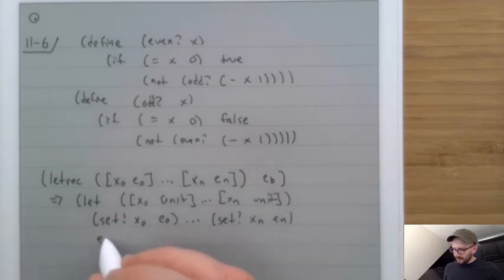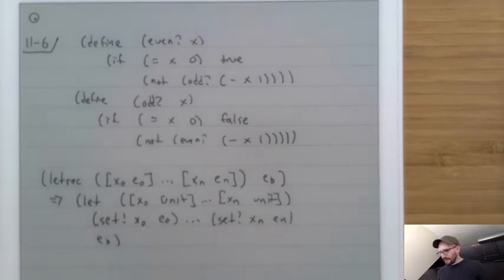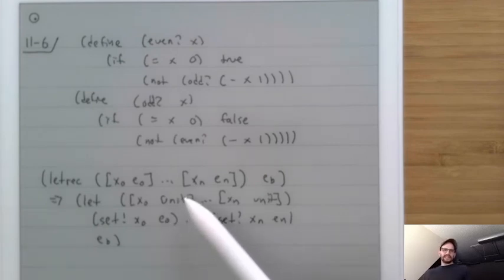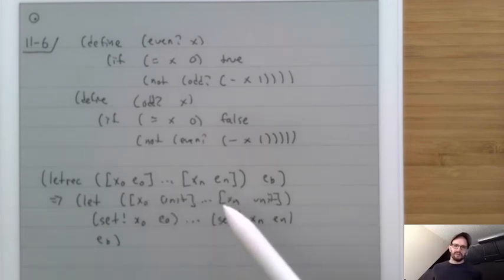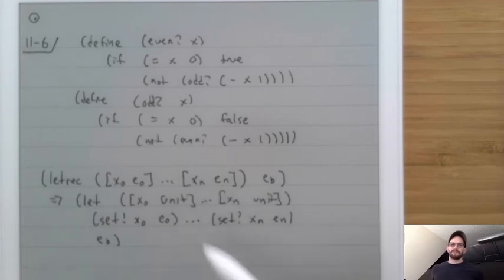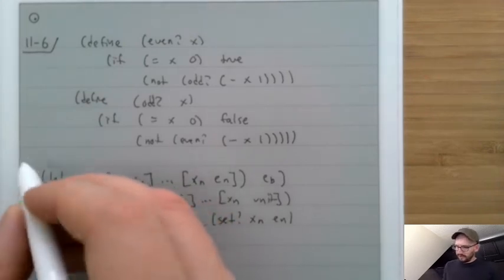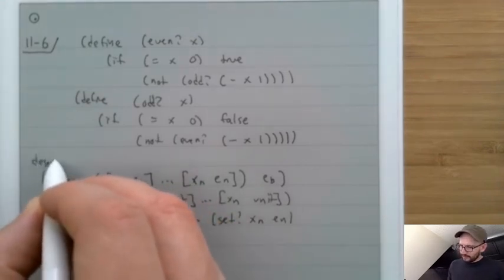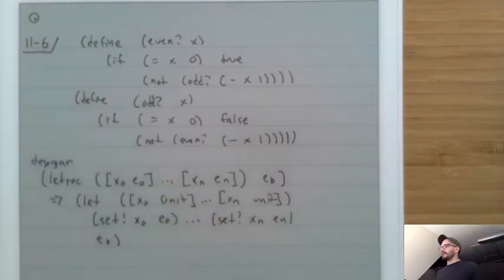And then we have the body. Now what that does is it makes it so that these expressions right here, each one of them is bound inside of a context that has access to all of the variables. Okay, so letrec is a very common desugaring step. This is something that you put in your desugarer. And now we have mutual recursion in our language.